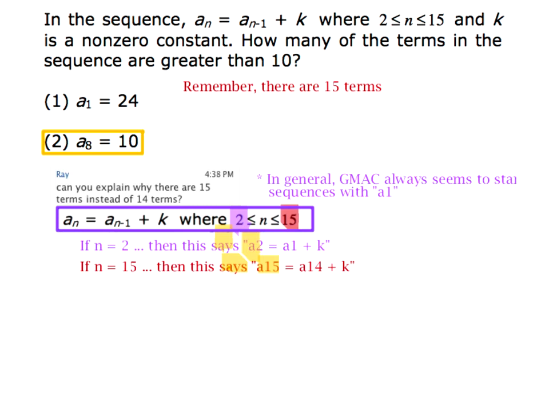So there are 15 terms, and notice that A8 is sort of a special animal here. What's special about A8? Well, notice that there are terms 1 through 7 before it, and then there are terms 9 through 15 after it. Terms 1 through 7, there are 7 of those.